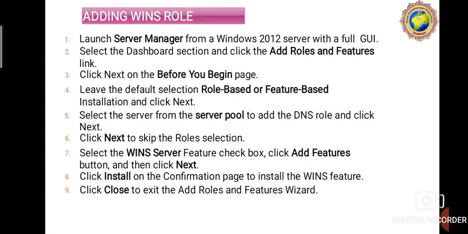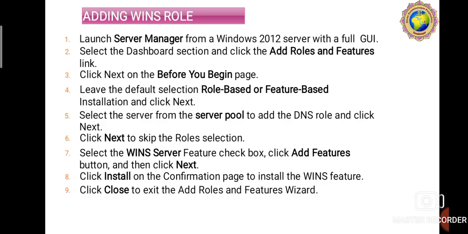So once again, let us revise all the steps for adding the WINS role. First of all, launch Server Manager from the Windows 2012 server with full GUI. Then select the dashboard section and click the add roles and features link. Then click next on the before you begin page. Then leave the default selection, role based or feature based installation, and press the next button.